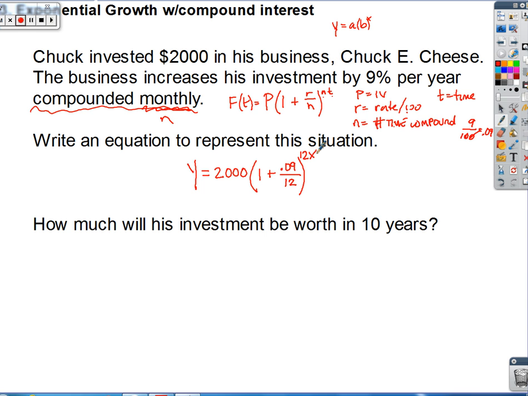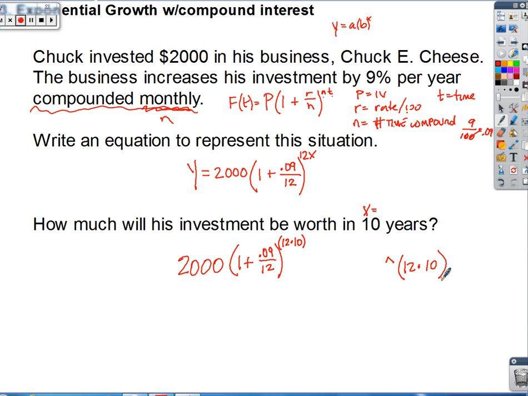So that's our formula. How much is this investment worth over 10 years? That means x is going to equal 10. Now, the only trouble that people have here is when they plug this in the calculator, they forget that your exponent is 12 times 10. Put that in parentheses. So on the actual calculator, after your caret key, it should say 12 times 10 in parentheses to get the correct answer.